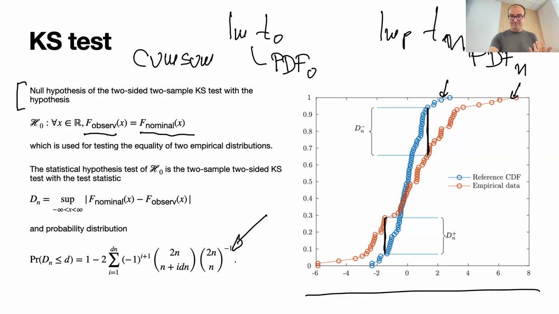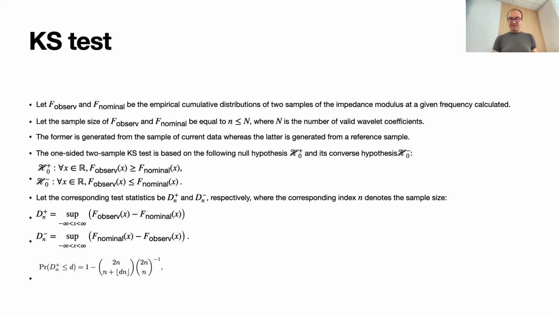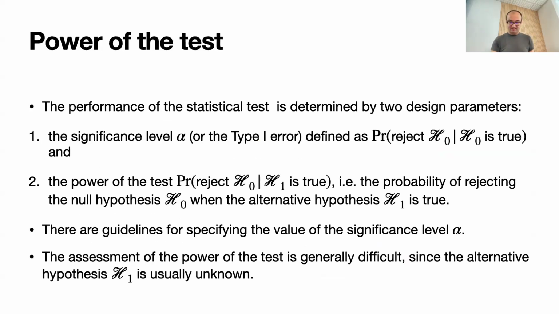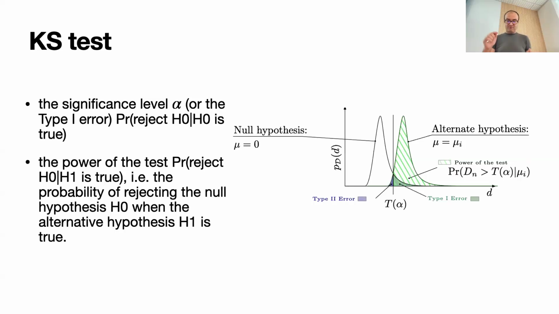How is this working? Let me draw this. I'll come back to the test. So we have our original distribution and our target one, and we would like to put a threshold somewhere and say, if the differences are above this threshold, then we can say that there was a change in the ice curves.